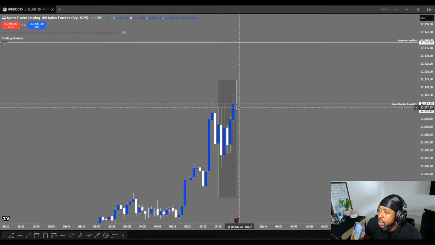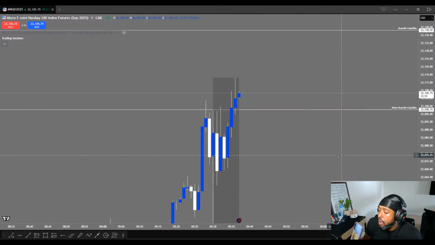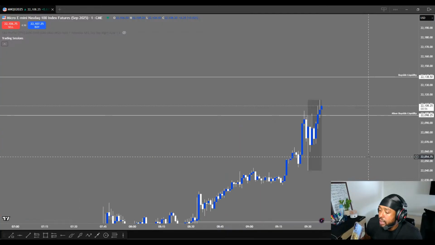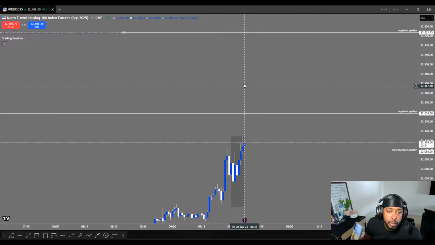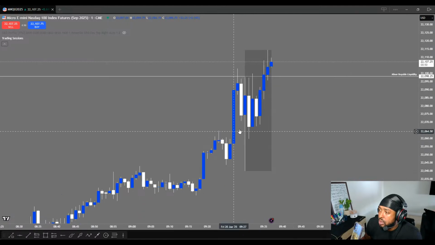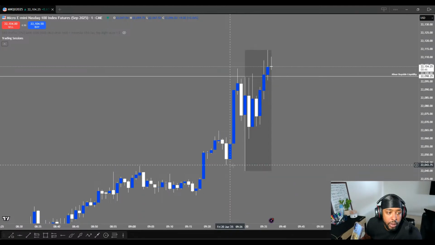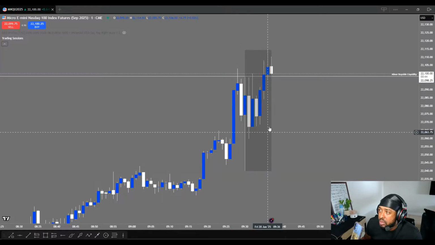So it looks like we got a little bit of a lack of displacement. Let's see. And yes, it can just go up and up and up. But sometimes this little sweep down here of this small little low, sometimes that's all it needs.